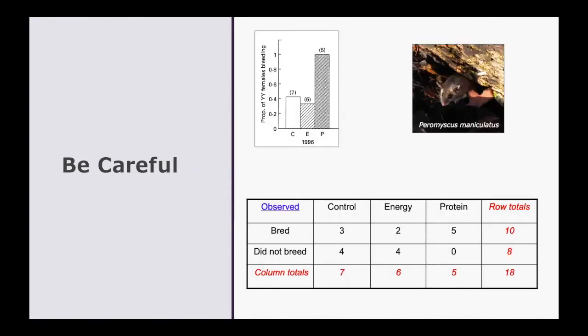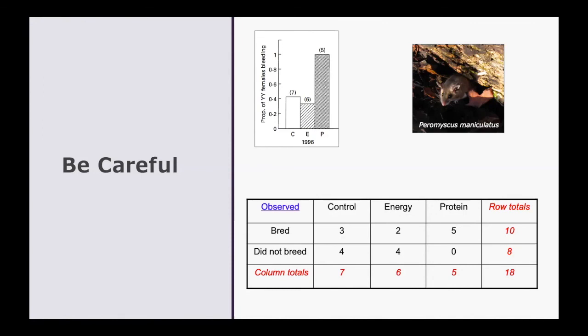It's also important to consider our assumptions. If we go back to my example of my study of deer mice, where I was looking at whether or not the female deer mice bred during the summer of their birth in relationship to these two treatments and one control area, you can see that the observed numbers or counts in each of these categories is really pretty low.